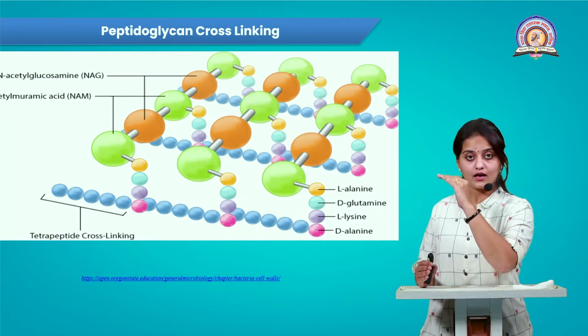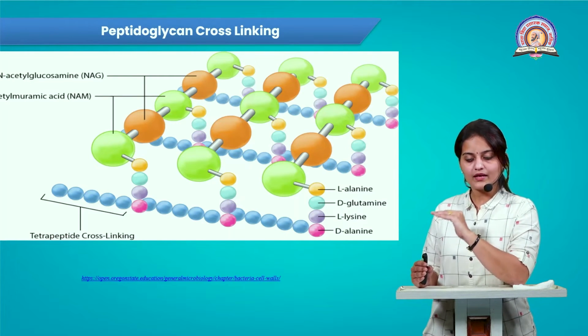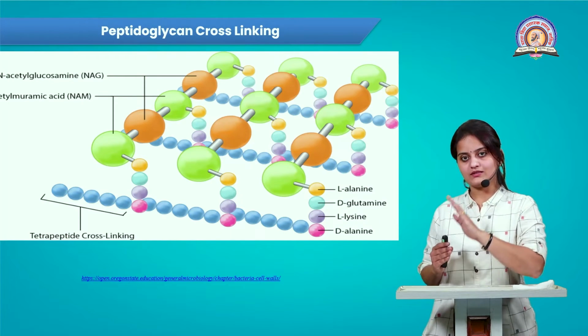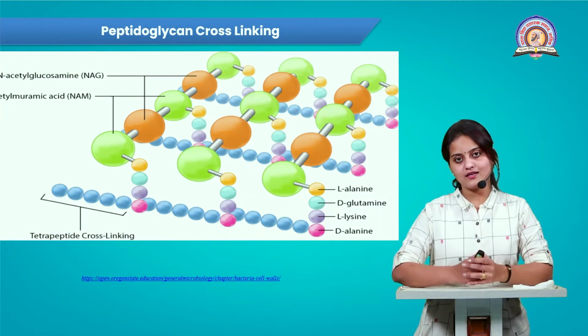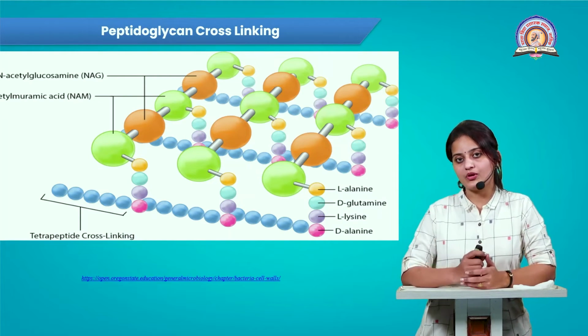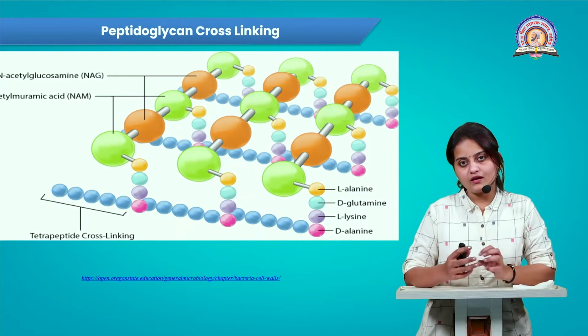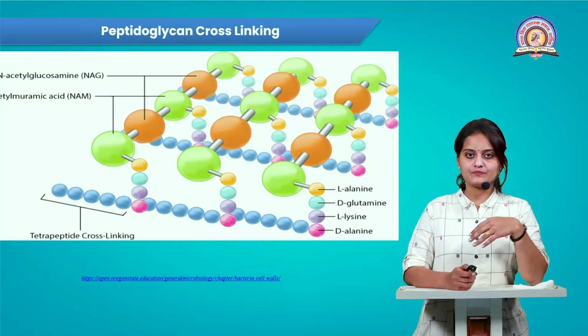The amino acids are L-alanine, D-glutamine, L-lysine and D-alanine. These amino acids create cross-linking between N-acetyl glucosamine and N-acetyl muramic acid, and in such a way, by forming a very rigid structure, they protect the cell.